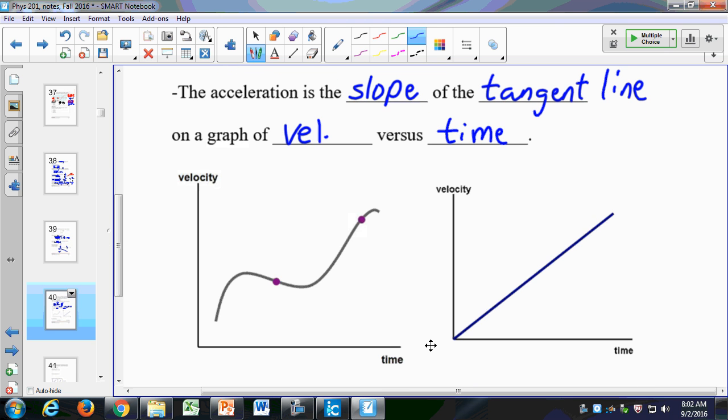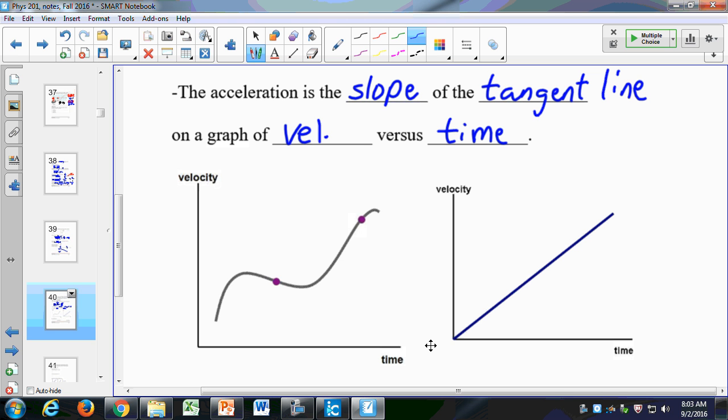The velocity is the slope of the tangent line of the position versus time graph. This is the slope of the velocity versus time graph. So say, for example, I know the slope here. Is it going to be positive or negative at this point? It's going to be negative. And how about here? Positive. Which one is going to have a larger magnitude of slope, the first or second?